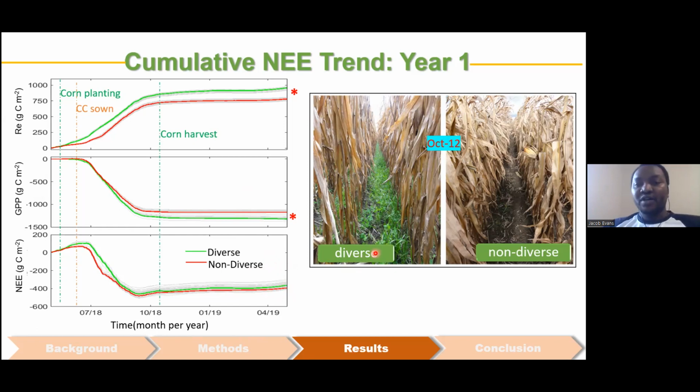I show a picture of corn in October, showing corn dried down in both fields, diverse and non-diverse, with cover crops in the diverse field. You see them nicely growing here.